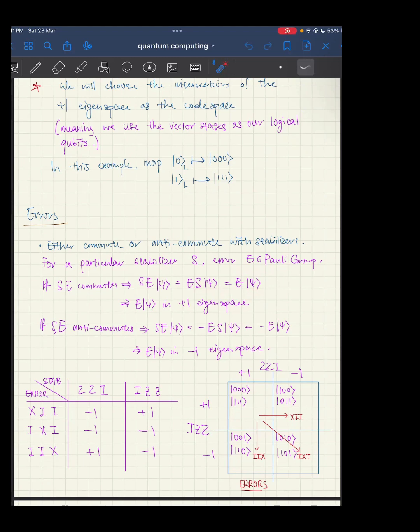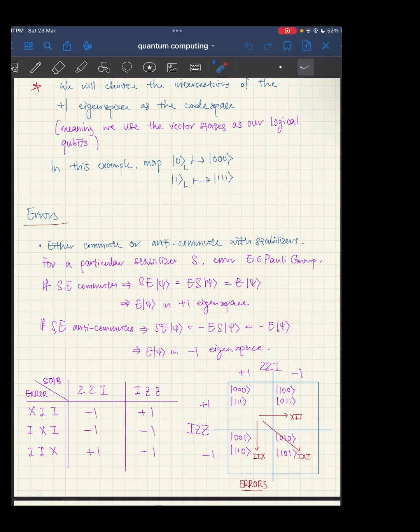And this means that E of psi is in the +1 eigenspace, because we applied S onto E of psi, and we get E of psi back. And if they anti-commute, then when we flip the order, we get a negative sign in front. Again, S of psi is psi, so we end up with a negative E of psi.